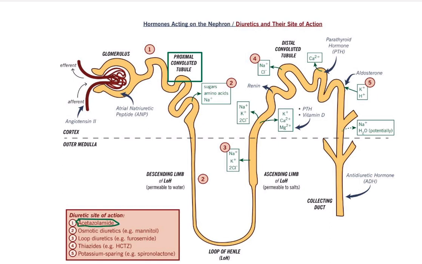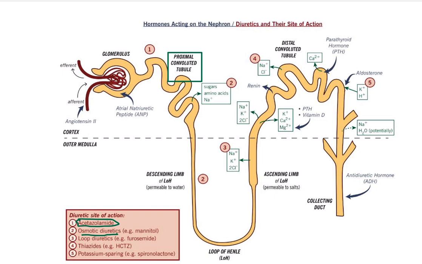Acetazolamide is a diuretic that acts on the proximal convoluted tubule, and the osmotic diuretics also work here. The osmotic diuretic, that means mannitol, acts in the proximal convoluted tubule. So acetazolamide and mannitol act in the proximal convoluted tubule.